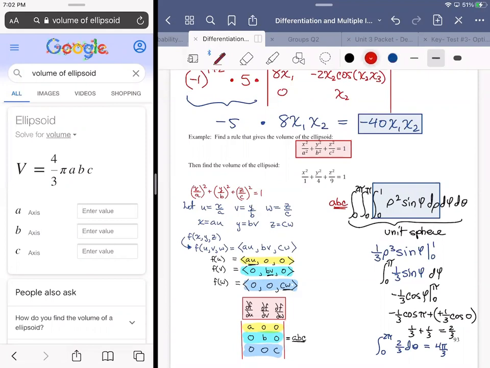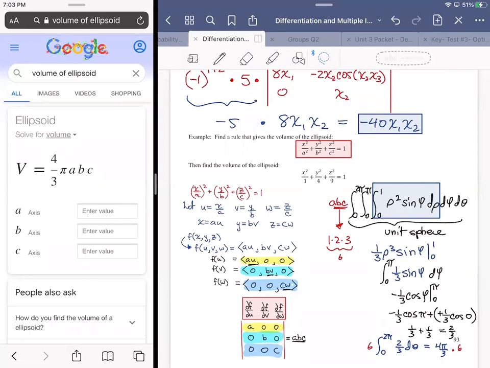Then I multiply that by ABC. As long as you can identify the A, B, and C values, you have your volume. Here, 1 times 2 times 3 is 6, so 6 times 4 pi over 3 is 8 pi, the volume of the ellipsoid.